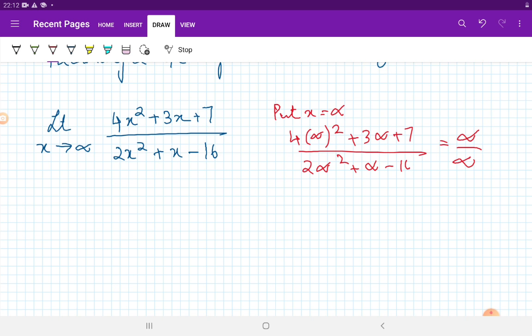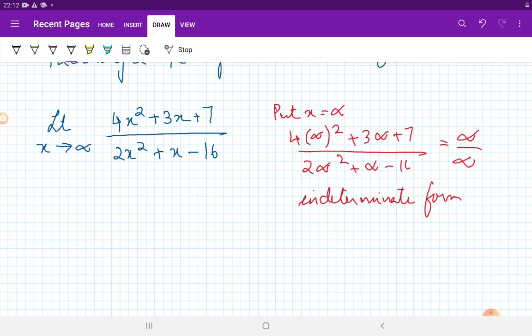Similar to 0 by 0, the infinity by infinity form is also called the indeterminate form. And similar to 0 by 0, if you arrive at the infinity by infinity indeterminate form, it means that you have to simplify your function.